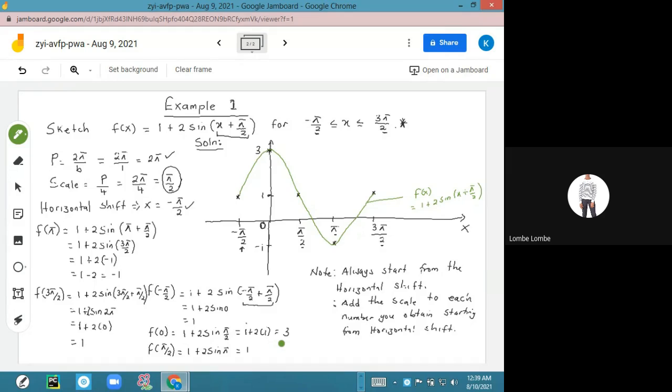Sir, just show me how you did on the f of 0, what you did when you're finding the y component. What is f of 0? F of 0 is 1 plus 2 sine 0 plus 90.